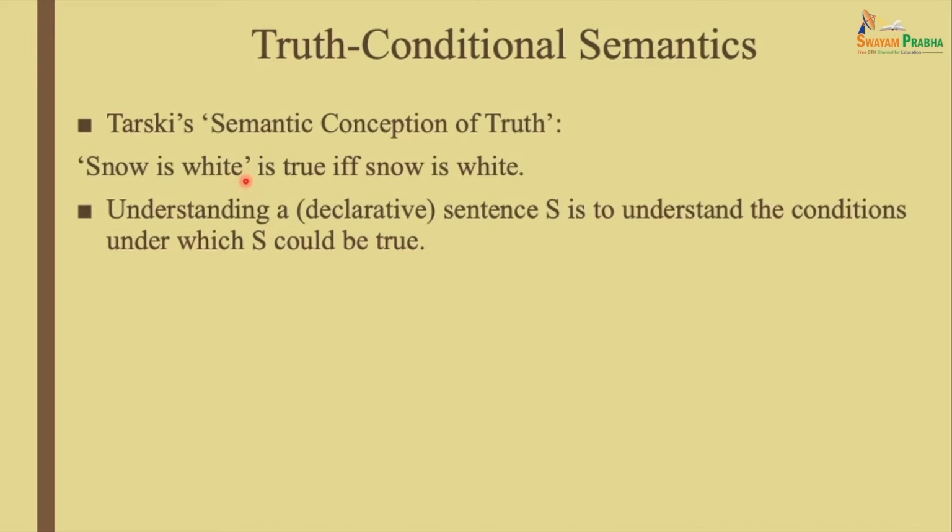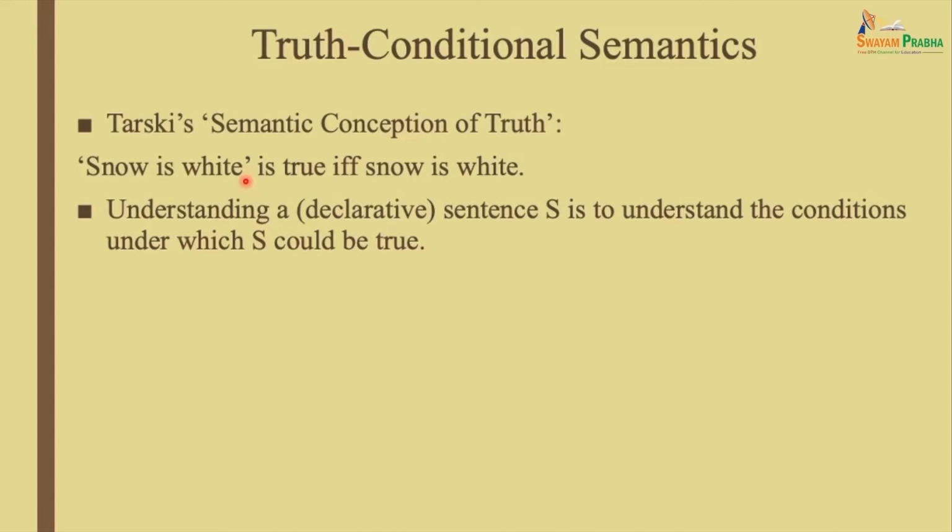So the next, what is understanding a declarative sentence? This is the main theory of understanding in the semantic framework. The assumption is that understanding a declarative sentence, something like John is a good boy, or Paula is a good student, is to understand the conditions under which S could be true, not that S is true.